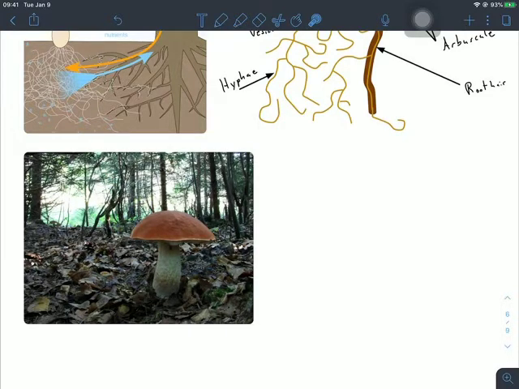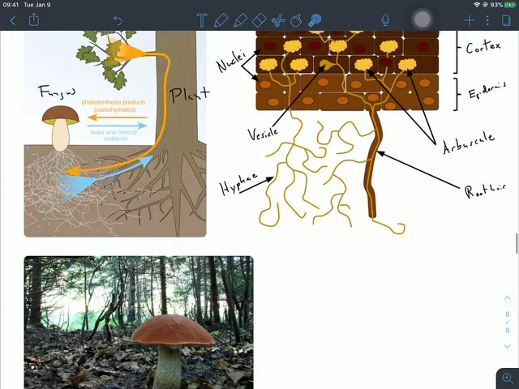But this mushroom is one of the fungi that actually forms these mycorrhizal relationships with plants. So we eat some of the fruit from different plants, and then occasionally we'll also pick up the edible mushrooms, which are the fruiting bodies of these fungal networks that also help our plants get the water that they need.